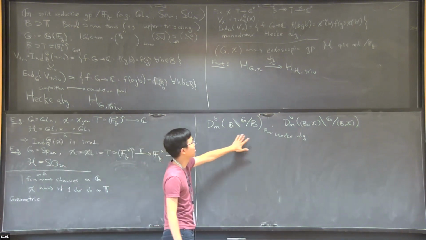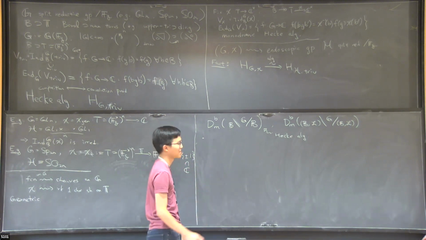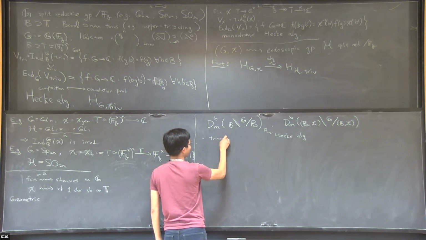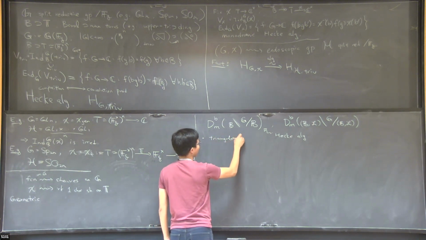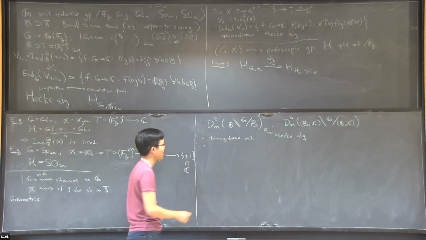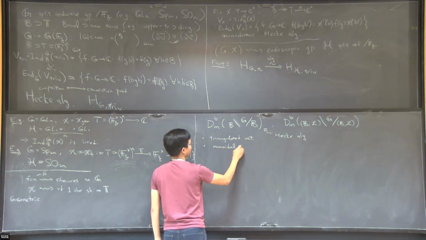Instead of giving a definition, let me give you some properties. They are triangulated categories because they are derived categories. And moreover, they are monoidal categories.